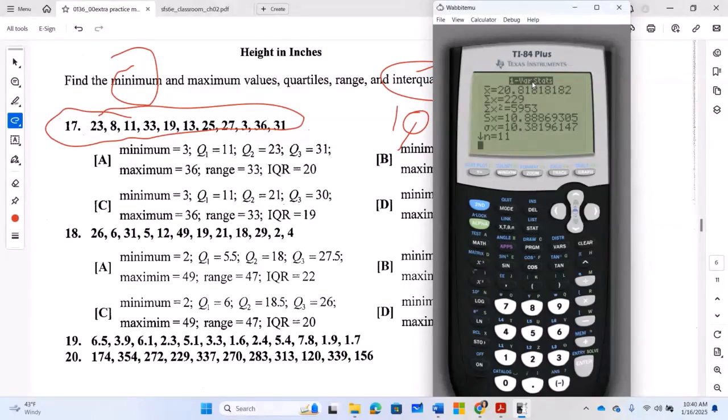Okay, so the question is asking me the minimum number. So I'm going to arrow down and look for the minimum number. The minimum number, according to my calculator, is 3. You're looking at it right here. Minimum number is 3. Let me pull my whiteboard up.